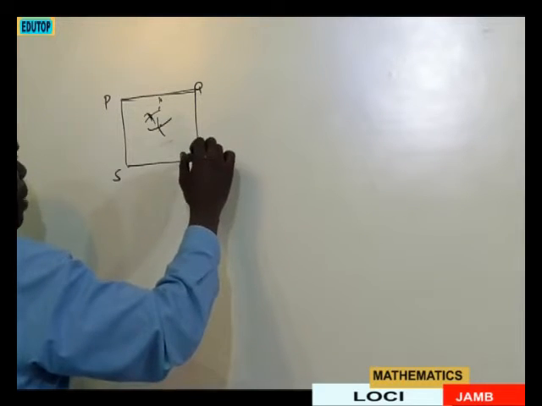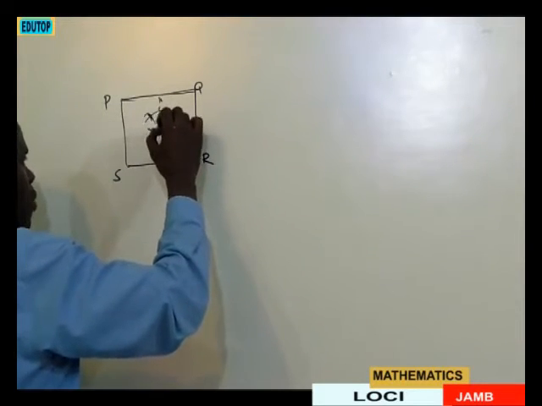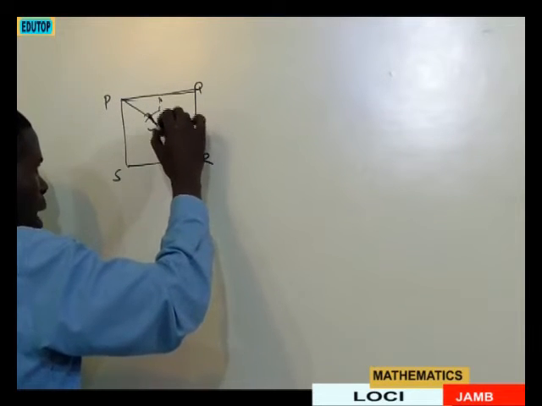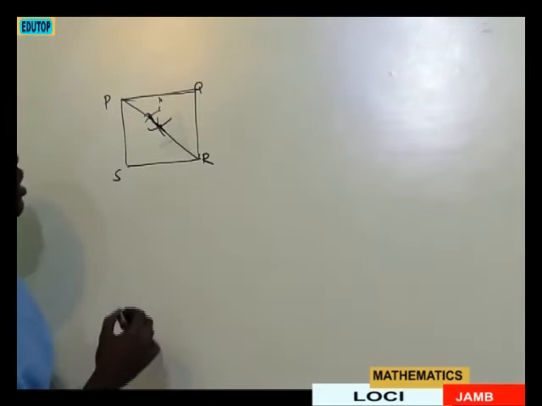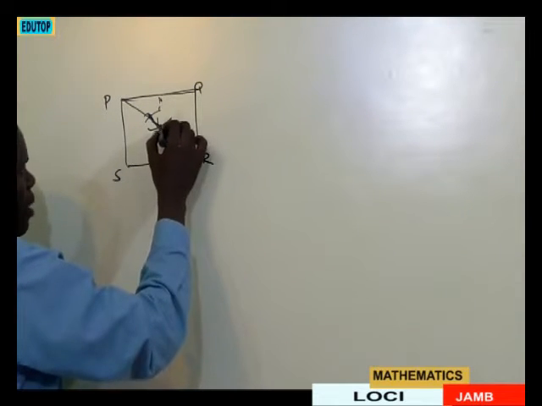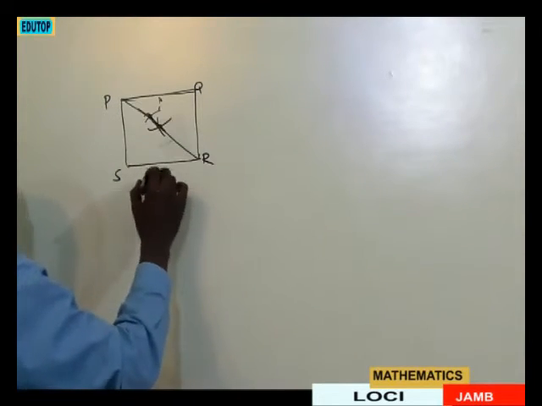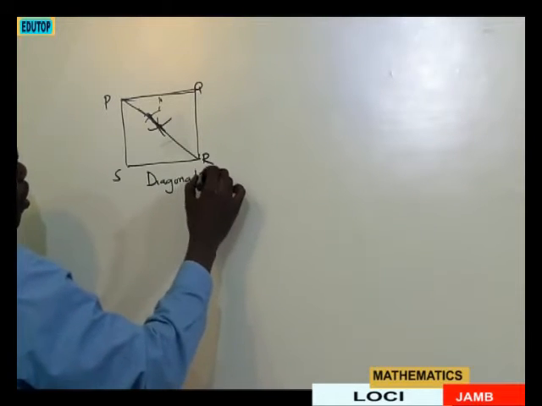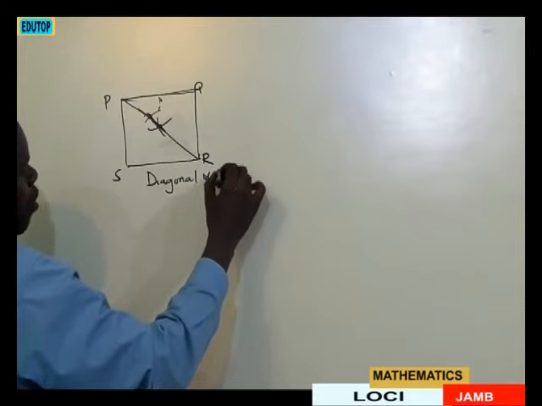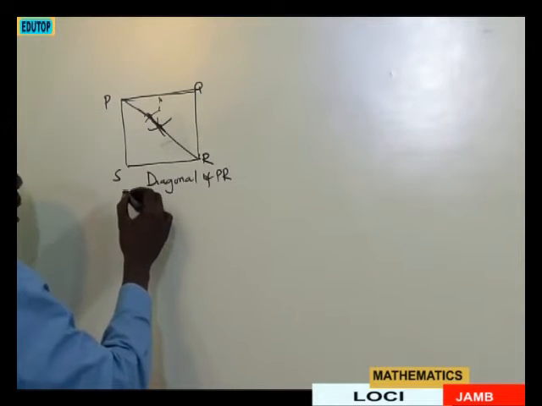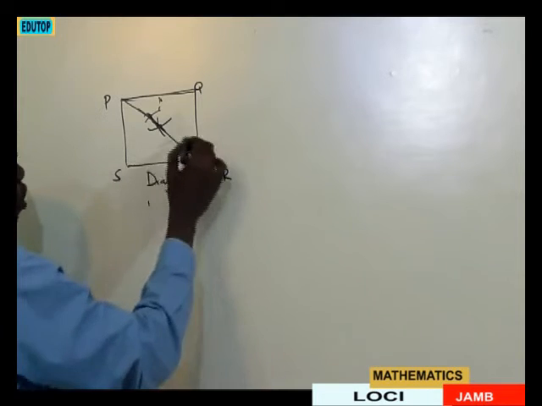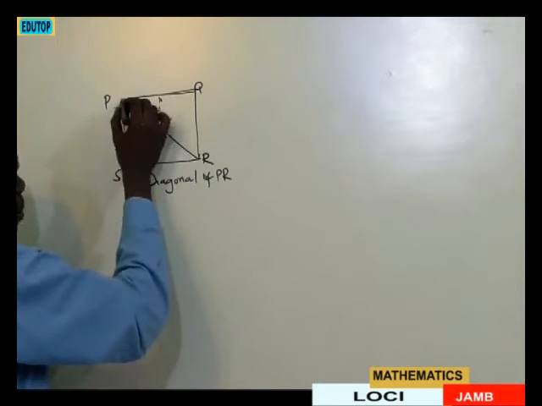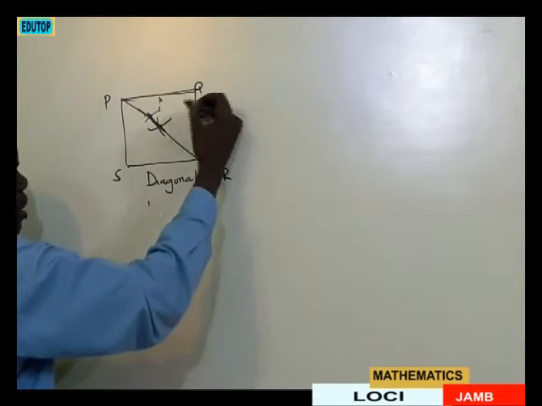So what it means is that if you join this, passing through the center, to this mark, that line passing through the center is automatically a diagonal. It is a diagonal of PR. Another option could be the diagonal of QS. But this time, since it is equidistant, put it here, mark a point, put it here and mark the same radius.